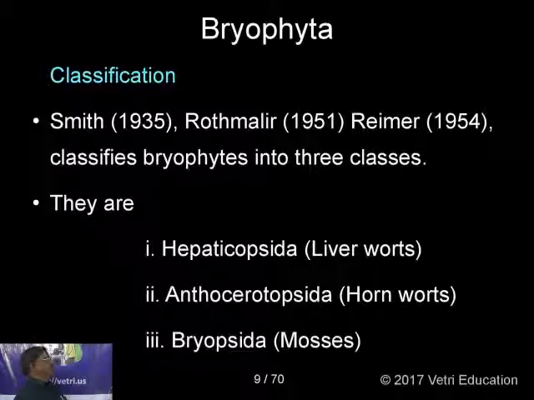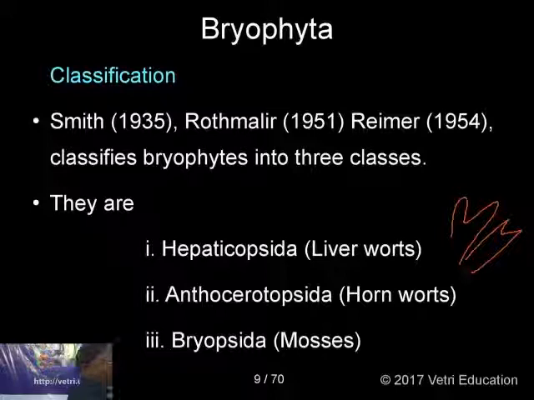Here Smith, Rothmaler and Reimers classified the bryophytes into three classes: Hepaticopsida, Anthocerotopsida, and third, Bryopsida. The Hepaticopsida plants look like a liver, so they are called liverworts. The thallus looks just like a liver.